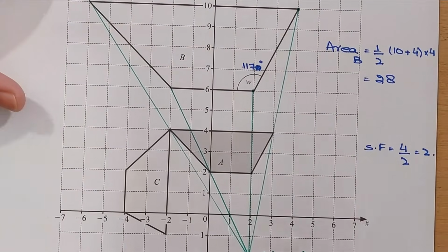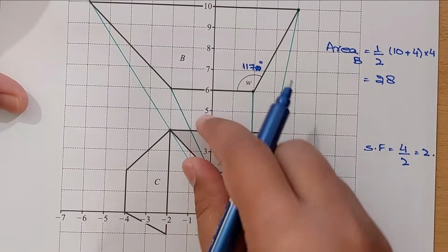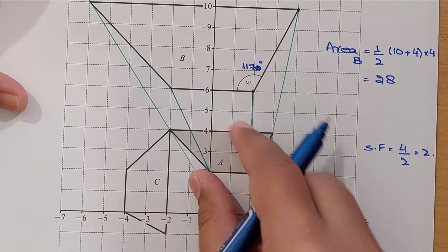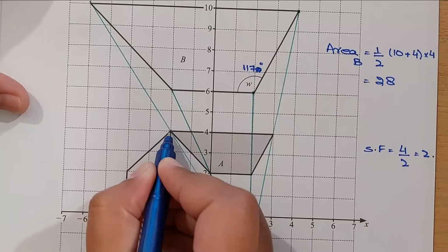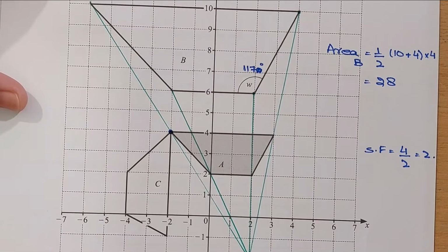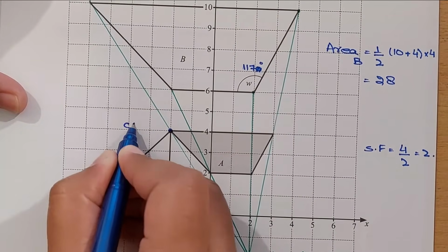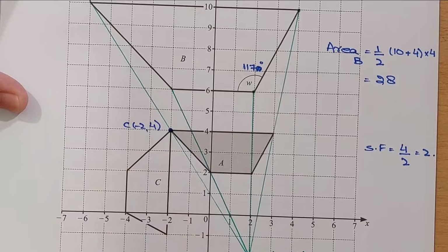Okay, look at the shape A and the shape C. So this is a rotation, and this rotation is clockwise and 90 degrees, and you can see this point is common in both. So the center of rotation is x is minus 2 and y is 4. So this center is (-2, 4), right?